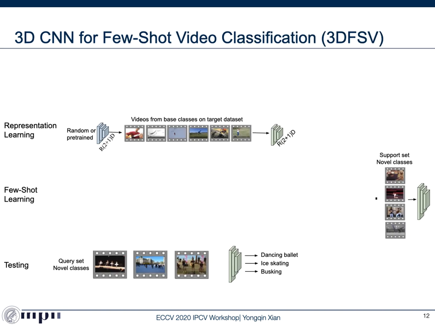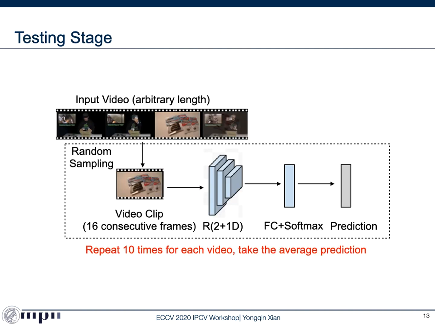In the testing stage, we evaluate the learned classifiers on the holdout test videos that come from novel classes. In this stage, we need to make predictions on a video with arbitrary length, but the R(2+1)D only makes clip-level predictions. In order to make video-level predictions, we randomly draw 10 clips from the same video and take the averaged prediction.